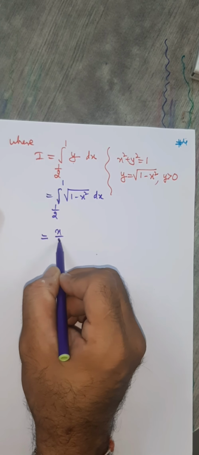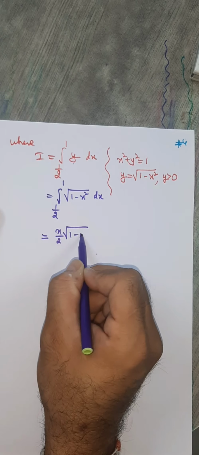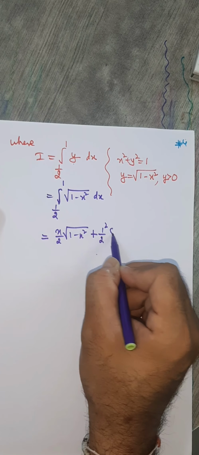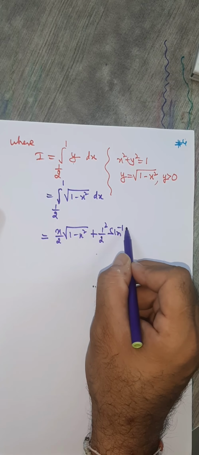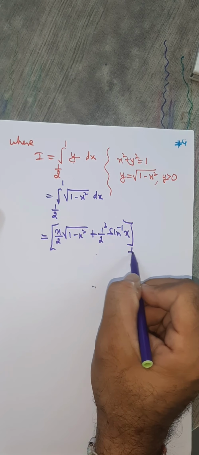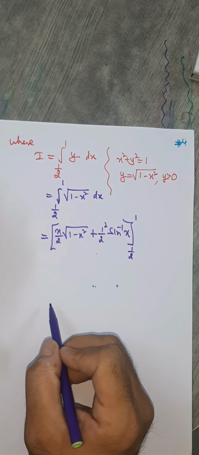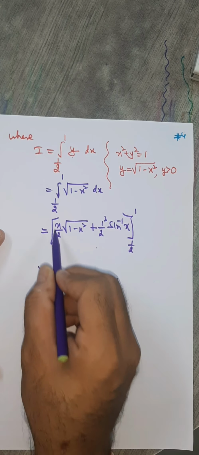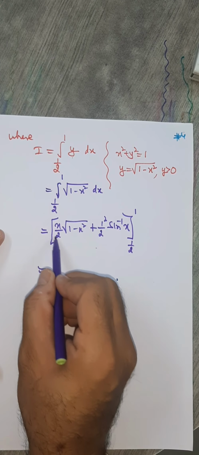So x/2 into the same expression plus a square by 2, that is 1 square by 2. This is sine inverse x/1, that is just sine inverse x. Limits are from where to where? 1/2 to 1. Okay, so just put the upper limit. I'll put 1 everywhere. If I put 1, this is 0.